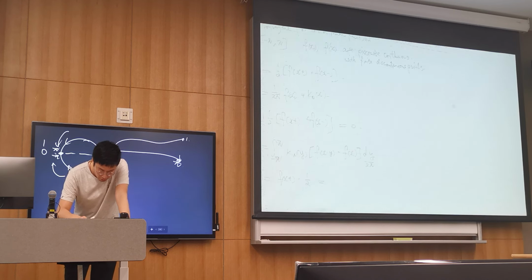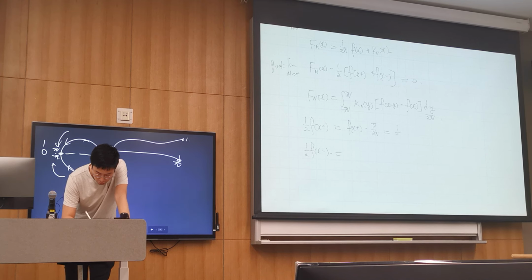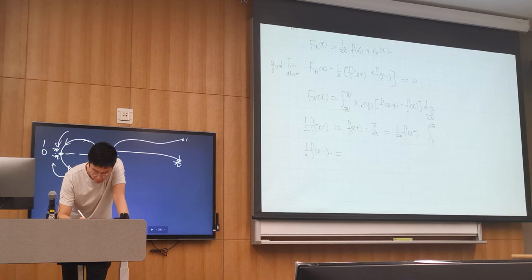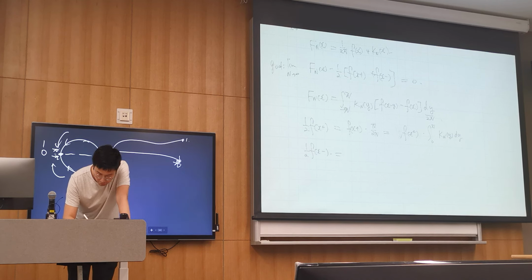Therefore, this can be written as 2 pi over pi, which now becomes 1 over 2 pi fx plus, multiplied by the integration from 0 to pi, not from negative pi to pi anymore, of the Dirichlet kernel kn(y) dy. I can simply put the over 2 pi over here.